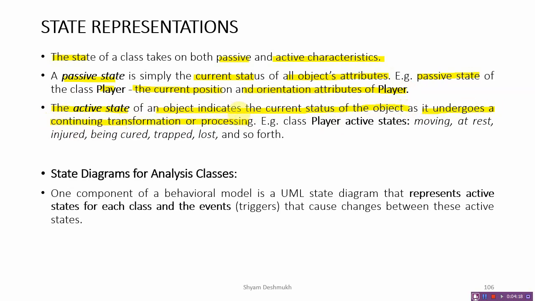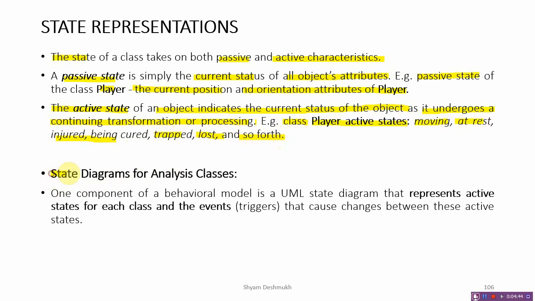The active state of an object indicates the current status of the object as it undergoes continuing transformation or processing. For example, class player active states are moving, at rest, injured, being cured, trapped, lost, and so forth.